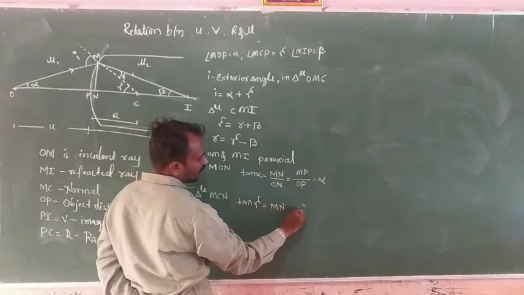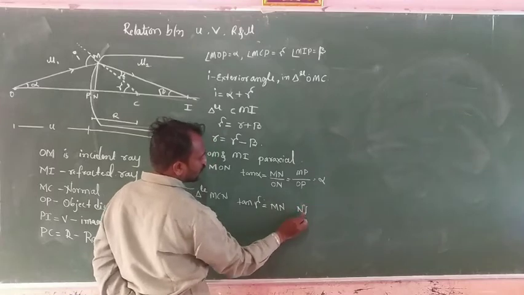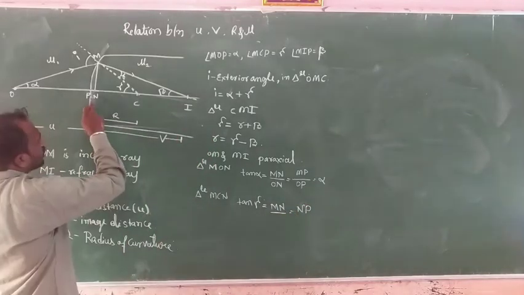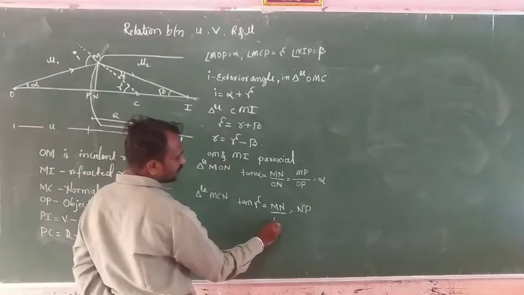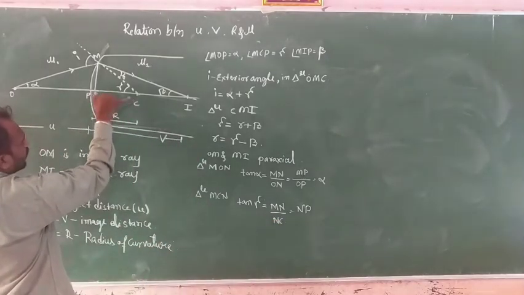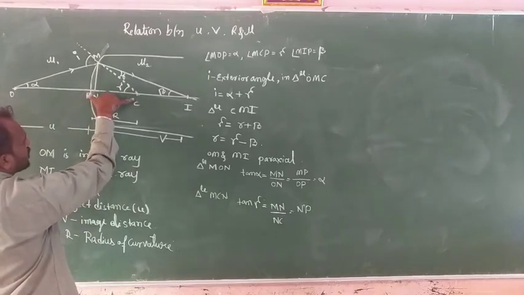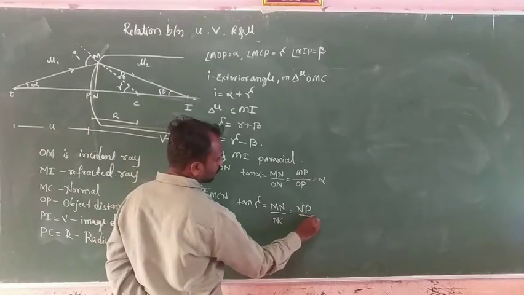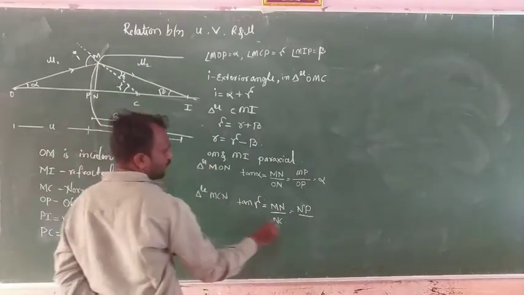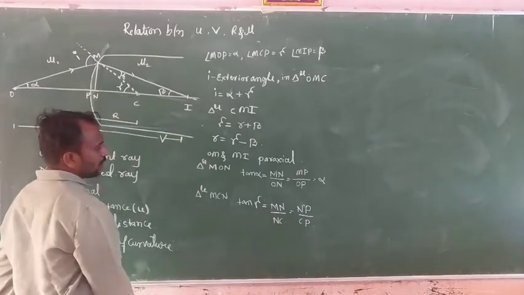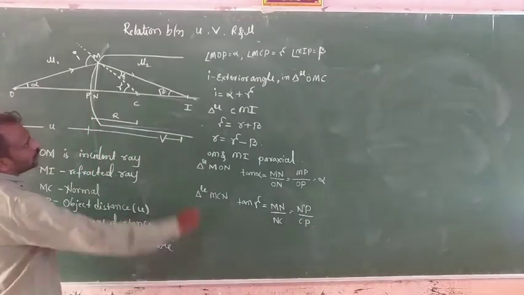MN is nothing but MP, and adjacent is NC. PN is very small, so here we consider that NC is CP. Yes, another triangle.